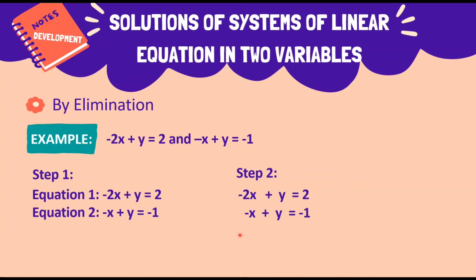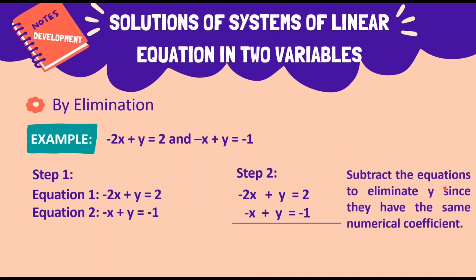So therefore, we can eliminate y. So let us subtract the equations to eliminate y since they have the same numerical coefficient. Same numerical coefficient, we can eliminate, so we need to perform the subtraction.